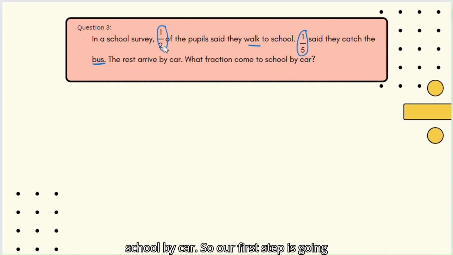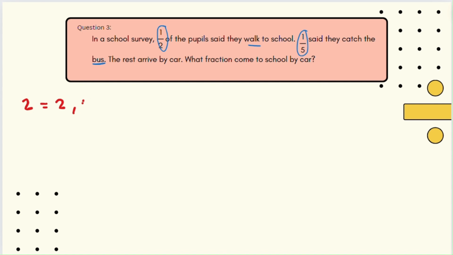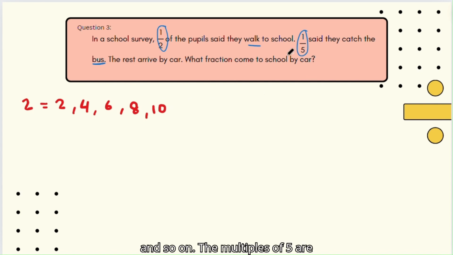So our first step is going to be making the denominator the same for the fractions that we know, so 1 over 2 and 1 over 5. To do that, we are going to list down the multiples of both the denominators. The multiples of 2 are 2, 4, 6, 8, 10, and so on.